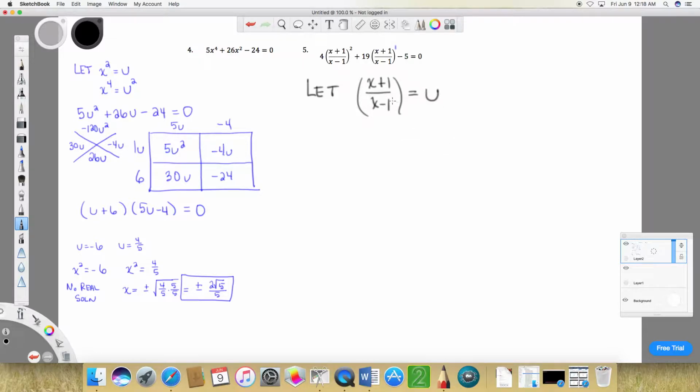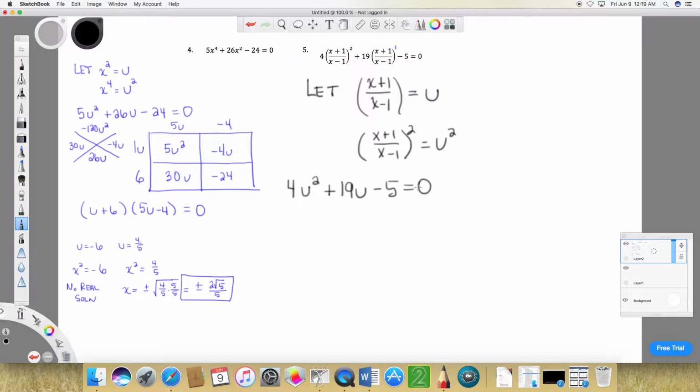And if I square both sides of this equation, if I take this fraction and square it, then I have to square the other side. So this thing that looked pretty ugly, now through a u substitution, can be written as 4 times u squared plus 19 times u minus 5 is equal to 0.